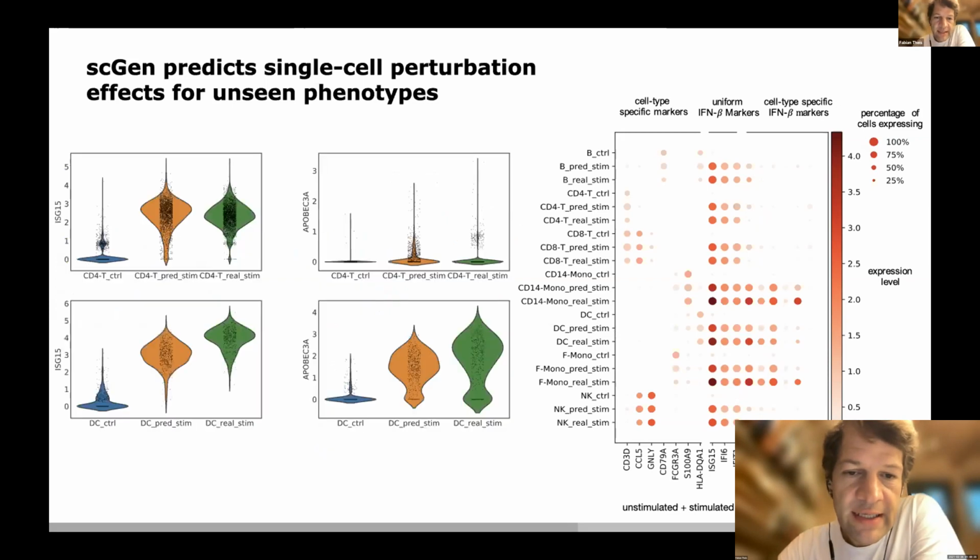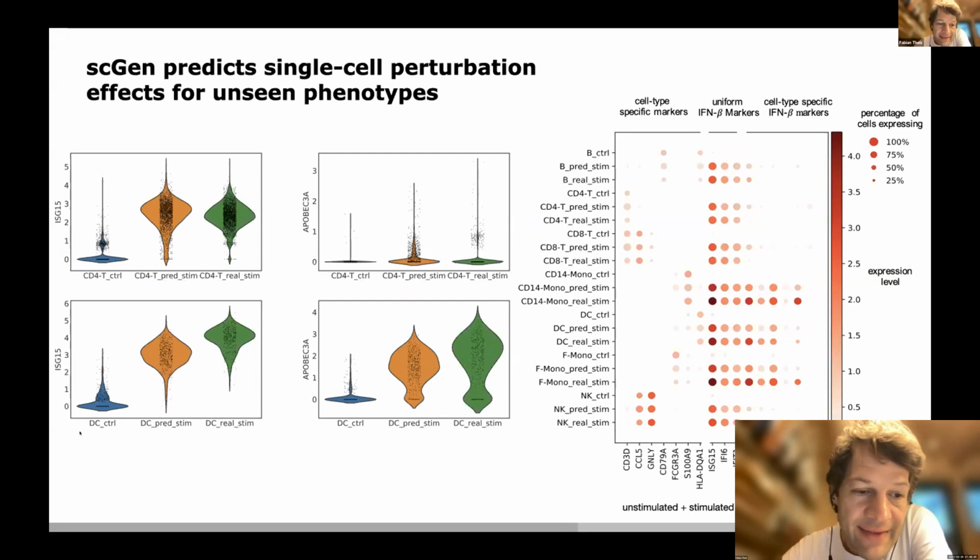And then what's interesting is that if you now zoom in and check, for example, in this case, we look at the reconstruction in the CD4 positive T cells that I showed you before, then this ISG15 was reconstructed. But for example, this APOBEC3A is just not even expressed in these CD4 positive T cells, so you also don't actually estimate it. Whereas in the dendritic cells, this is sort of okay, but you also reconstruct this APOBEC3A, which is different.